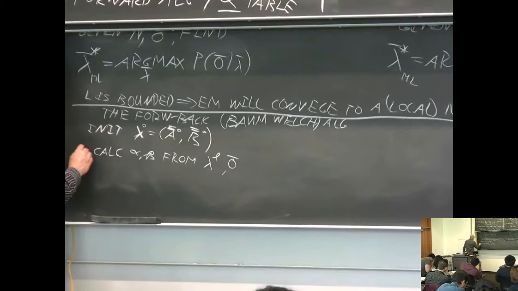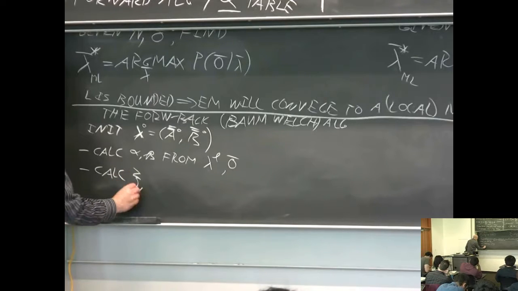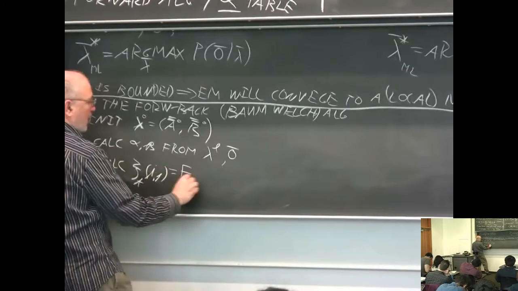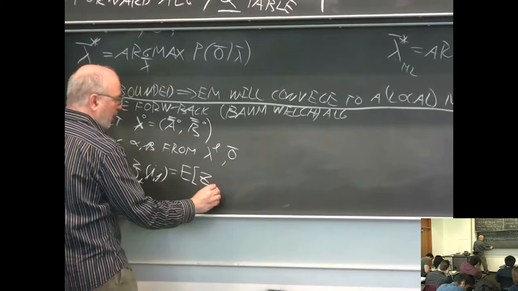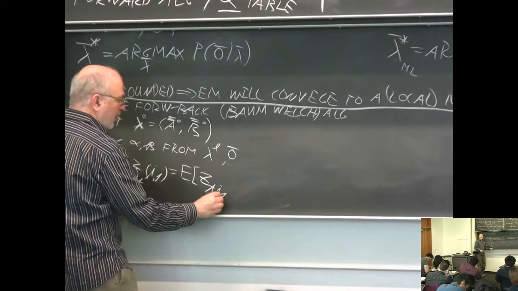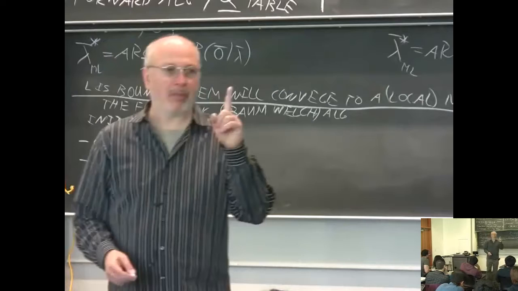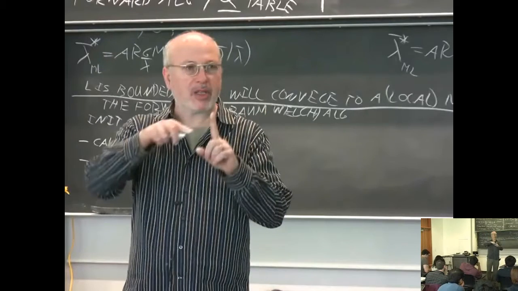I then calculate those psi t of ij, which, to remind you, are the expectations of those z tij's, the indicator variables that have a value of 1 if at time t the system transitioned from state i to state j, and value of 0 otherwise.